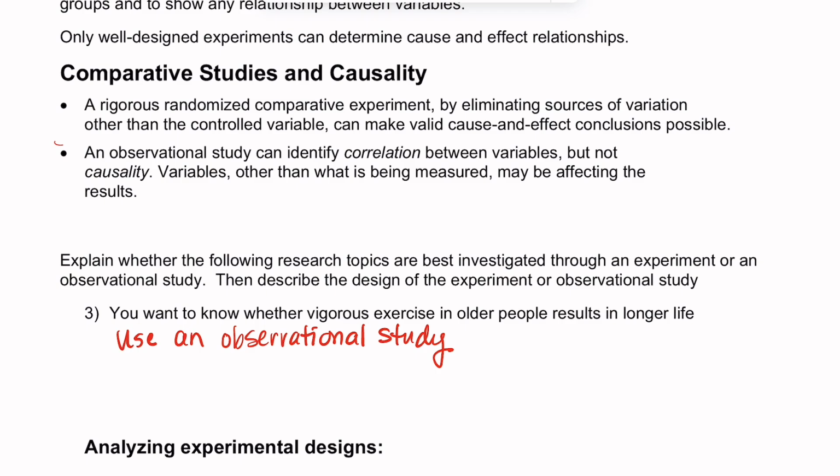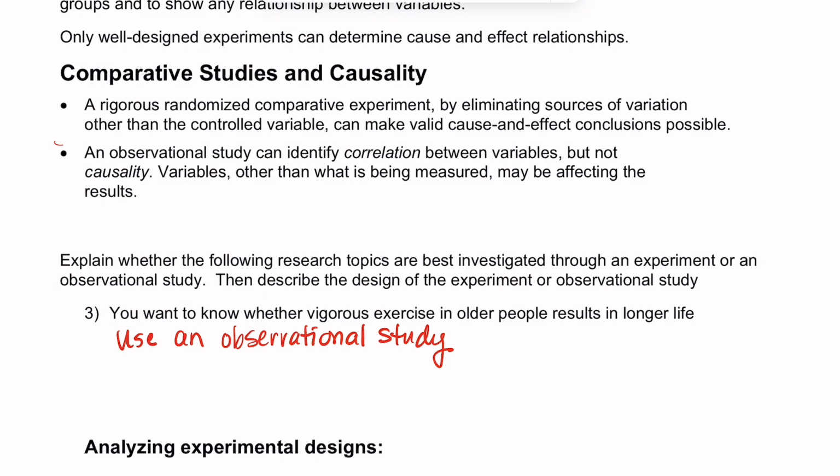Once again, if we have healthy or unhealthy people, assigning them to which group, we can't really do that. So it'd be better to just observe these different types of people. Randomly choose one group of individuals who already exercise vigorously, and then randomly choose another group who do not exercise vigorously.